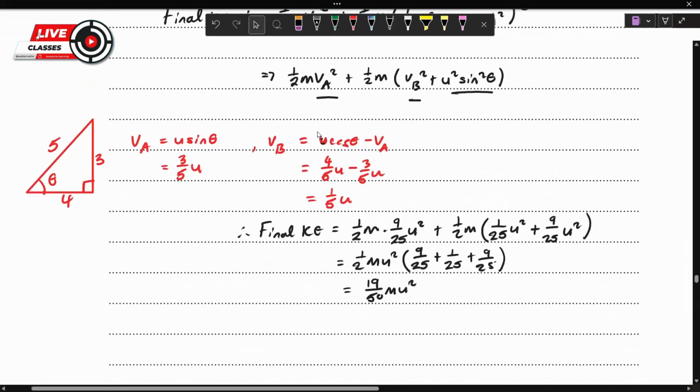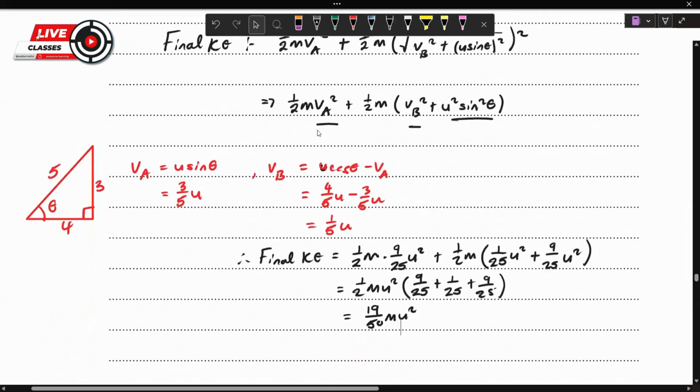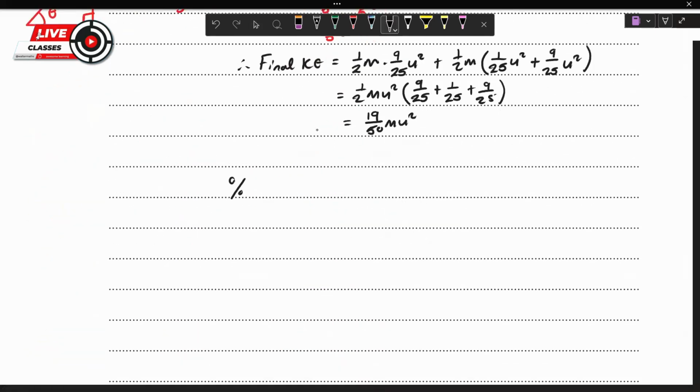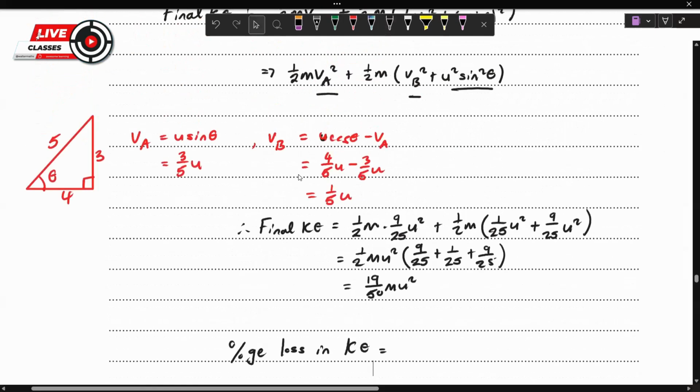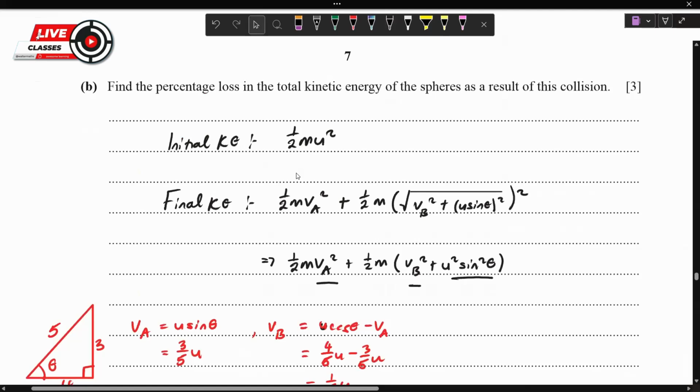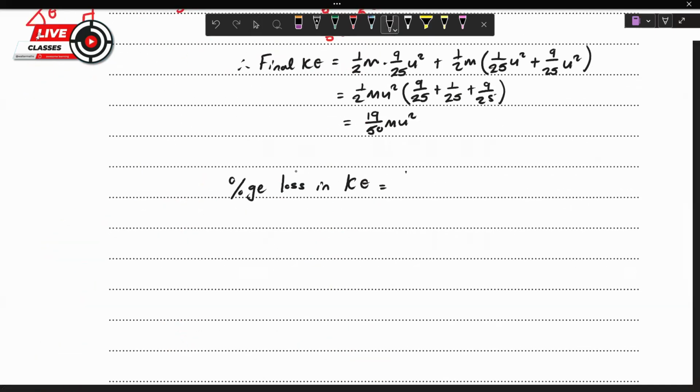Now, because the question was saying we should find the percentage loss, the percentage loss in kinetic energy is going to be the initial kinetic energy, which is half mu squared, minus the final 19/50 mu squared, divided by the initial kinetic energy, which is half mu squared, and we multiply that by 100.